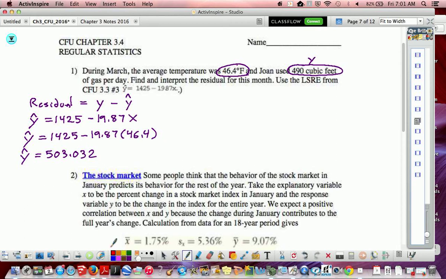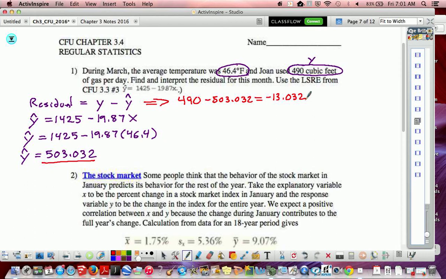So now, to do my residual, my observed y, 490, minus my predicted y, 503.032, equals negative 13.032.